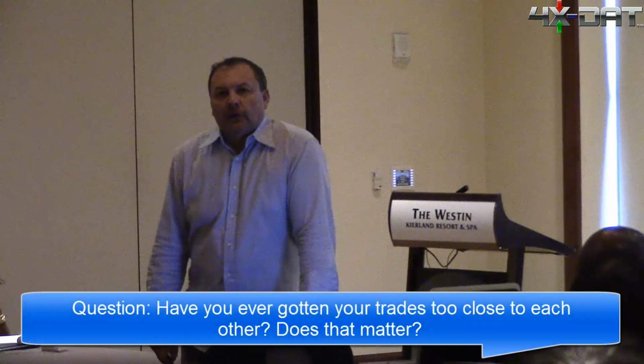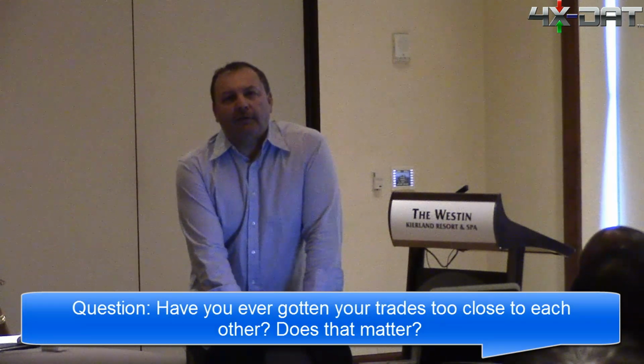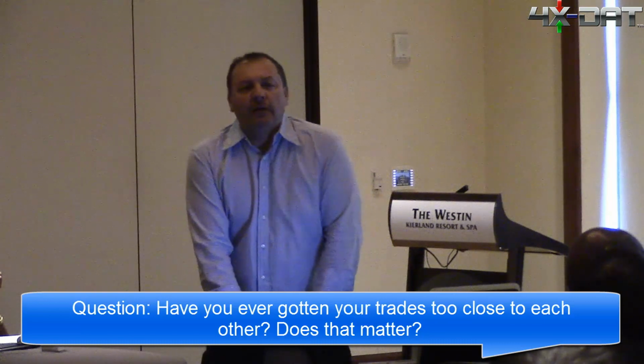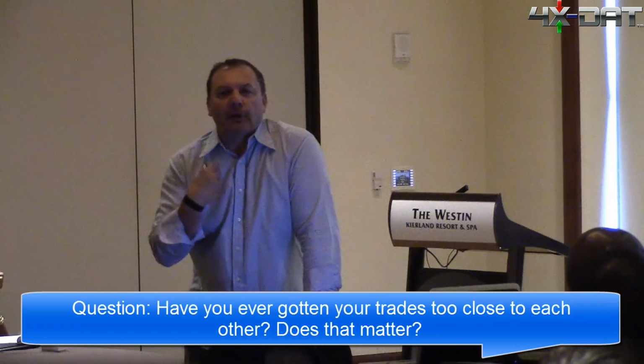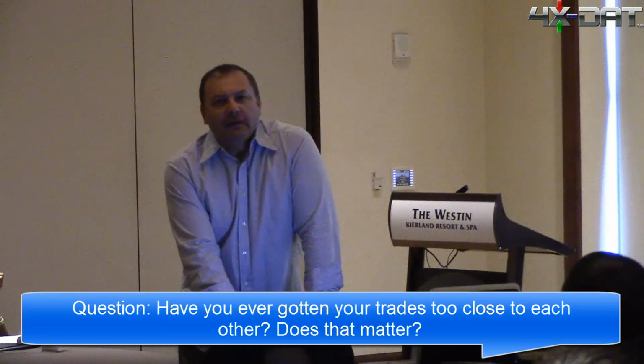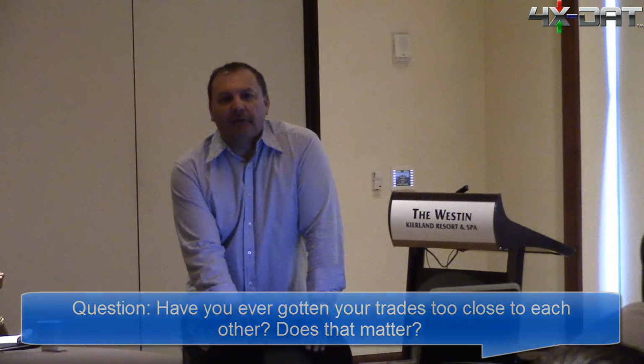Have you ever found yourself too close to each other, and did that matter? Normally, depending on the volatility of the pair you're trading, you would have what we call a trade interval. On pound yen, it would be somewhere between 50 and 75 pips between those individual trades.